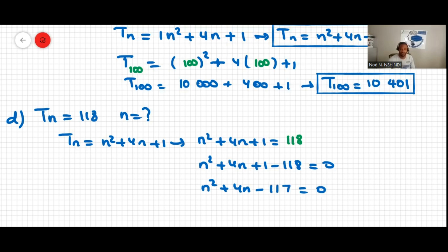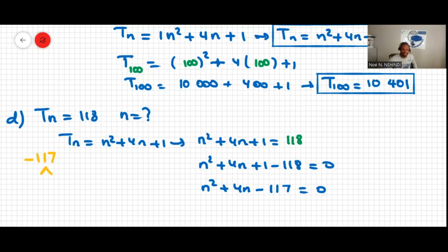Now here we have a quadratic equation, a quadratic trinomial. We can solve this by factorization or by using the quadratic formula. By factorization, for instance, I'll look at 117, the last term, which is negative 117. I can list all the factors of 117.